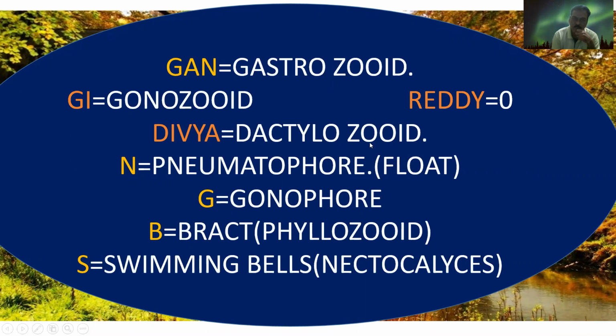Divya means dactylozooid, N means pneumatophore or float. This is meant for flotation or buoyancy. G is gonophore, meant for sexual reproduction. Bract or phyllozoid is meant for the offense and defense of the system. And the swimming bells are nectocalyces meant for locomotion.